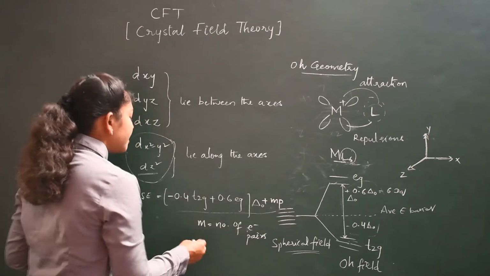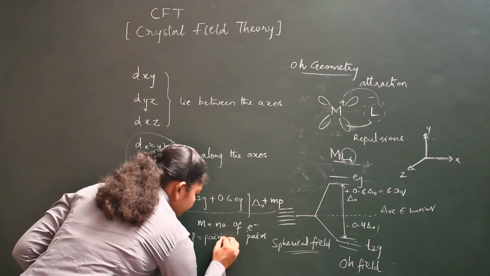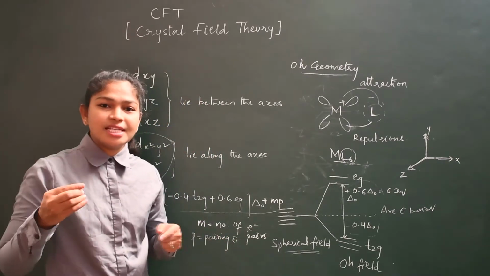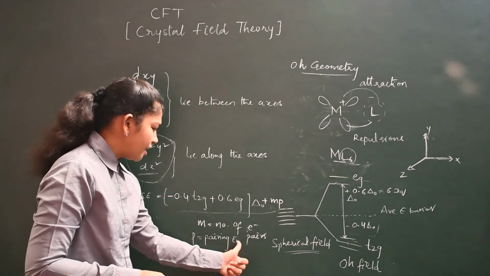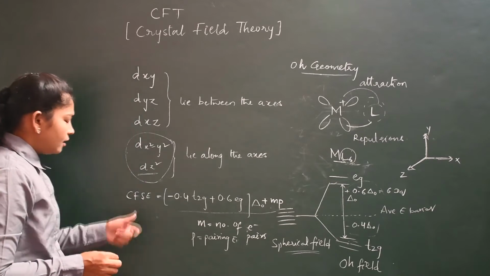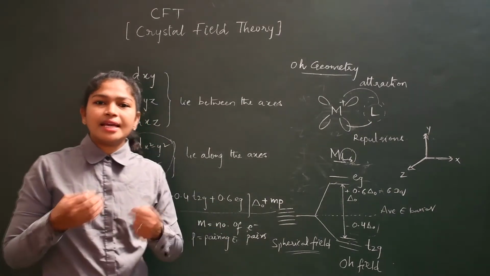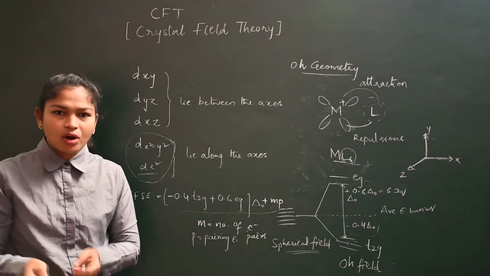Remember, P is the pairing energy. That means how much energy it needs to get paired. So in octahedral geometry, whenever we are filling the electrons, we have to distribute the electrons in all orbitals, right?